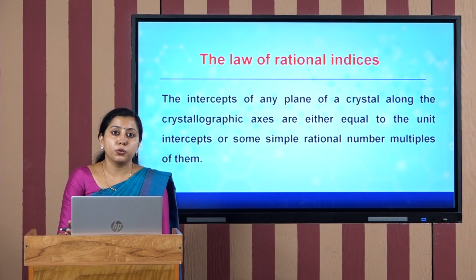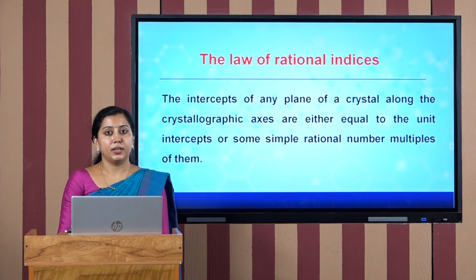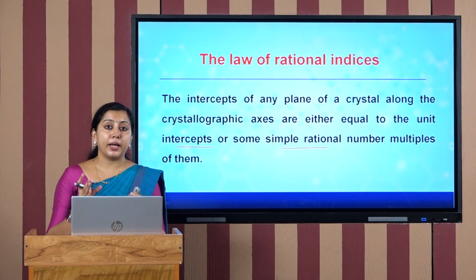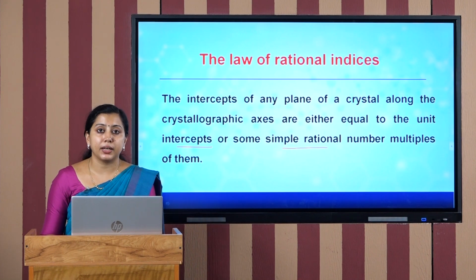Now, we will move on to the law of rational indices. It states that the intercepts of any plane of a crystal along the crystallographic axes are either equal to the unit intercepts or some simple rational number multiples of them. We have seen how a plane intercepts the crystallographic axes.